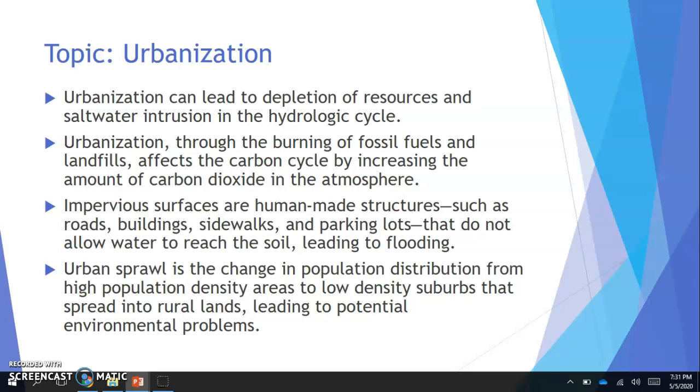So again, if you get an FRQ talking about environmental problems, you're going to want to mention specifically animals or biotic, so basically just life in the environment, plants. You could mention soil as well because soil does have biotic components as well.